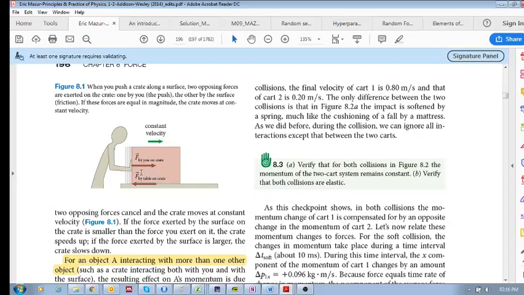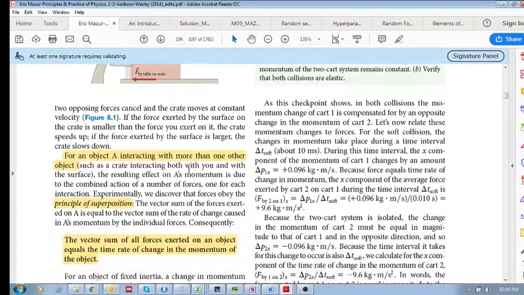So the crate is experiencing two forces, the force by you and the force by the table. And as long as these two are equal and opposite, well, the friction force is generally always opposite the direction of motion, then your change in momentum is 0 because you have a constant velocity.